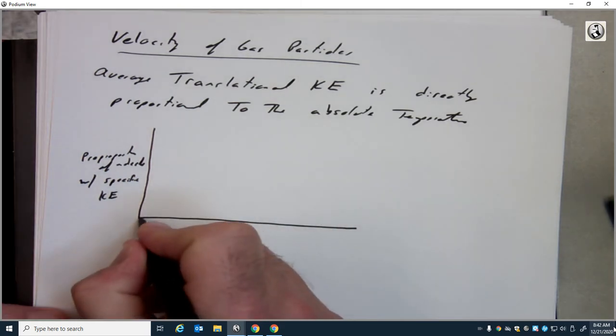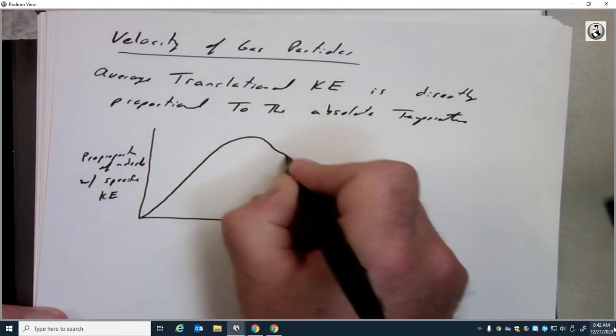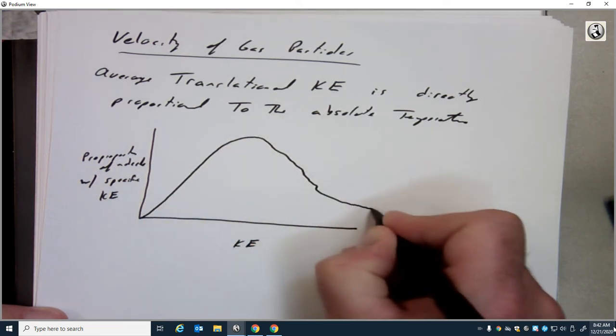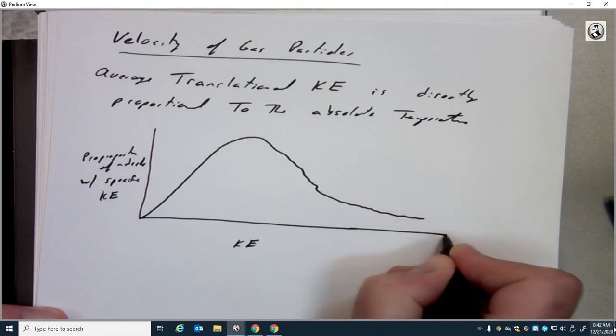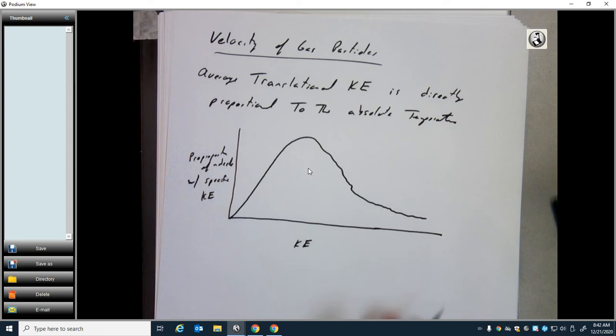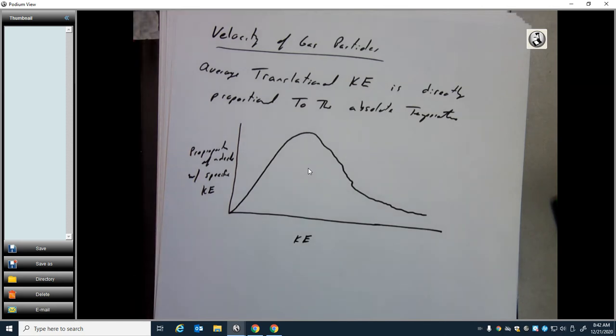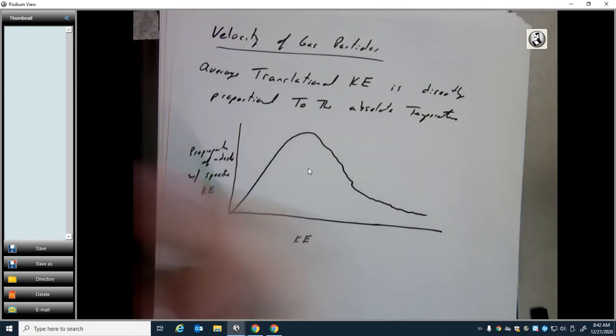All right, so we'd have a nice steep rise, and then it kind of comes off down here at a slow angle, something like this. So if we were to look at this curve, the most probable kinetic energy is right up here at the top.